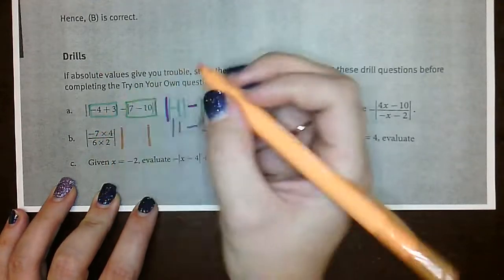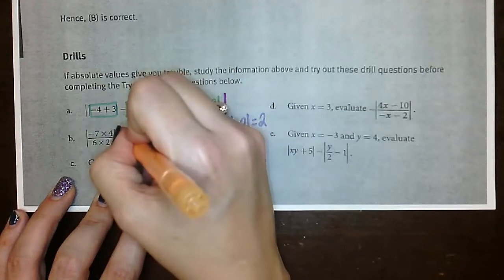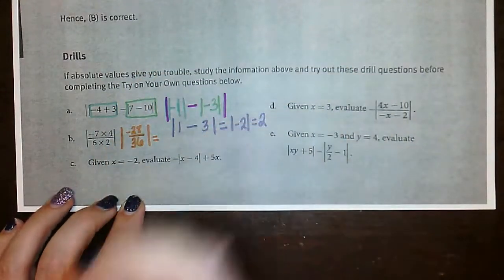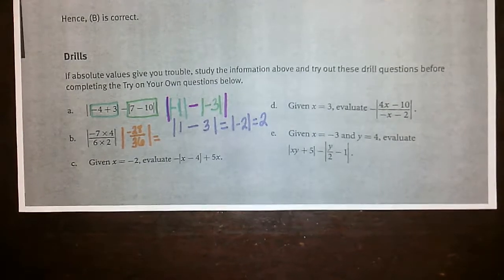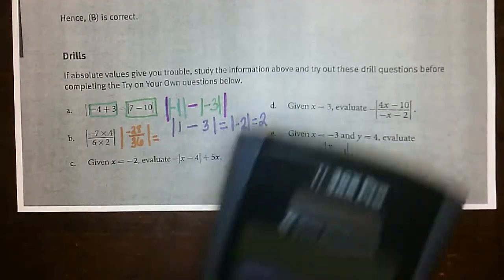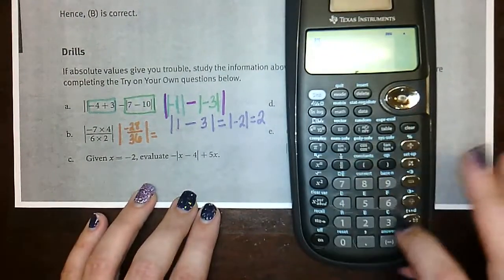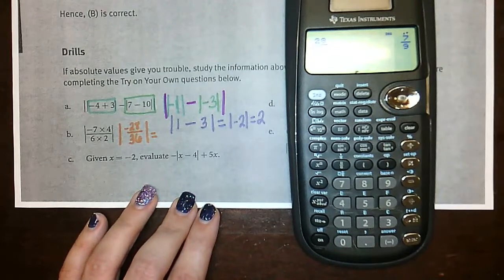-7 times -4 is -28. 6 times 2 is 36. And then you can simplify, and you can do this on a calculator, which I prefer so that you guys don't make any silly mistakes. So if you have the TI-36X Pro, you hit your fraction key, do 28 over 36, and it simplifies to 7/9.